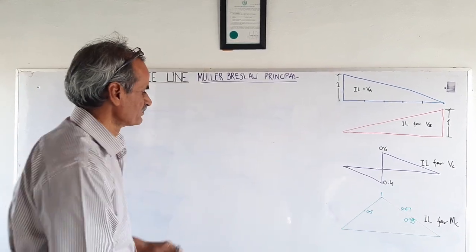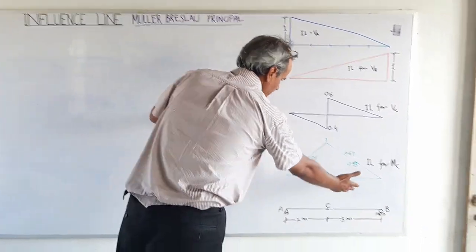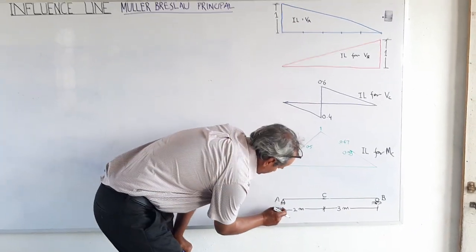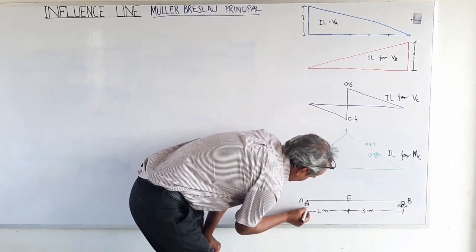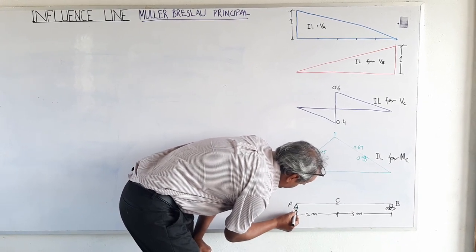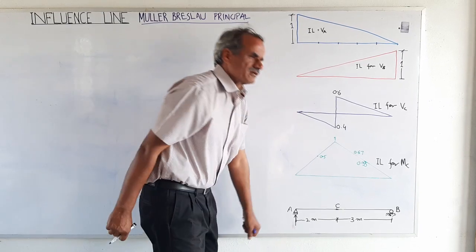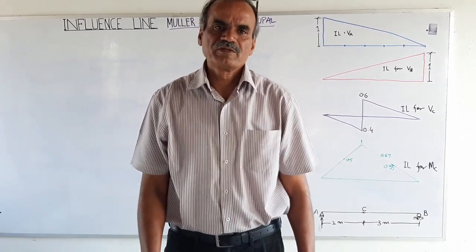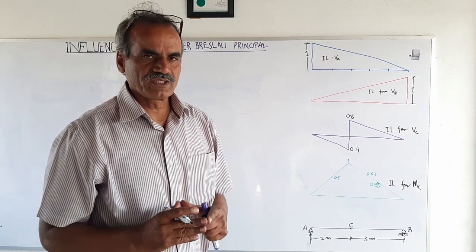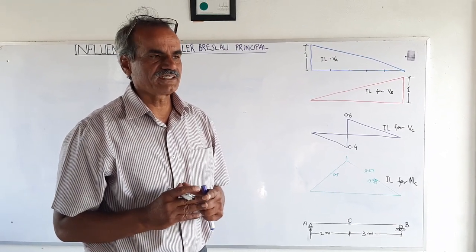Say, for example, if this is a beam AB, and over here there is a reaction at this place which is upward. This upward reaction is because the beam cannot be moved upward.